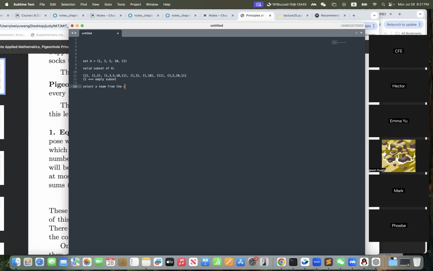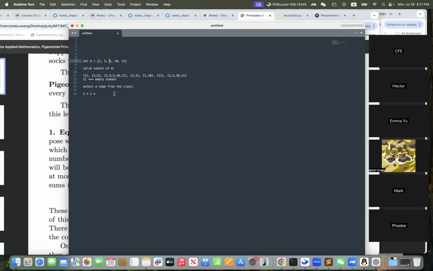For the student named 1, we can either select him or not select him, so we have two choices. For the student named 3, we can either select him into our team or not. If we select him, it's one possible way to form a team. If we don't select him, it's another possible way. So we have two choices.